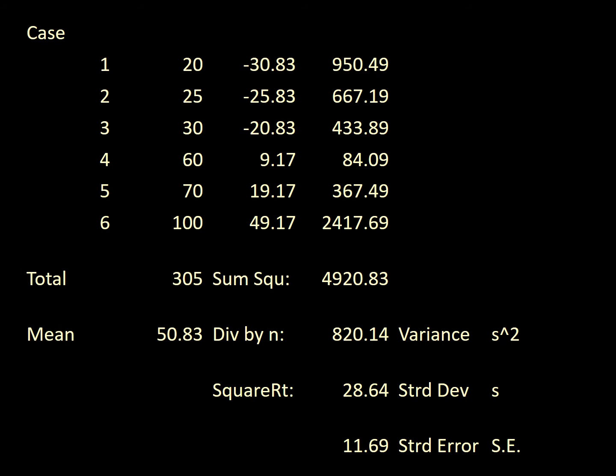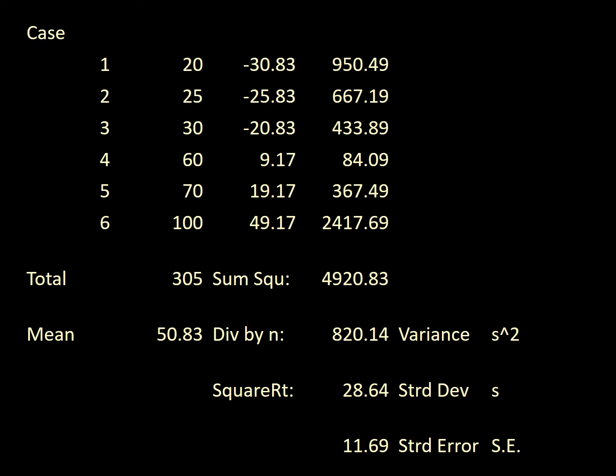By dividing by n minus 1, we reduce the bias in the estimate, since the sample typically underestimates the standard deviation of the population. So that then gives us the value of 820.14. So 4,920 divided by 5 will give us that value. Well, we're going to divide by 6 because we're looking here at the population.